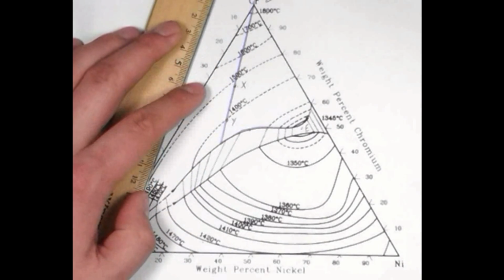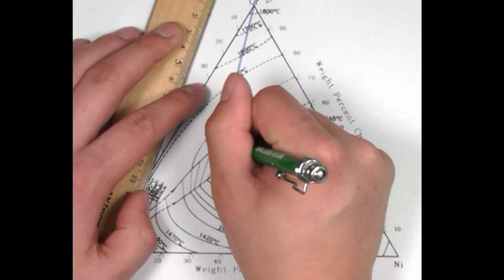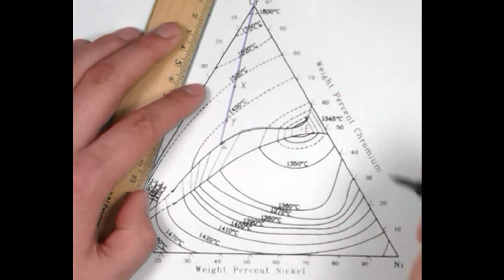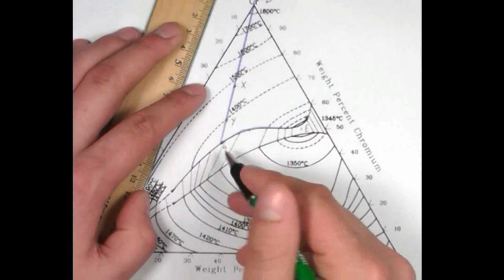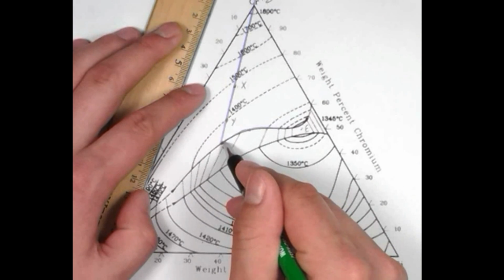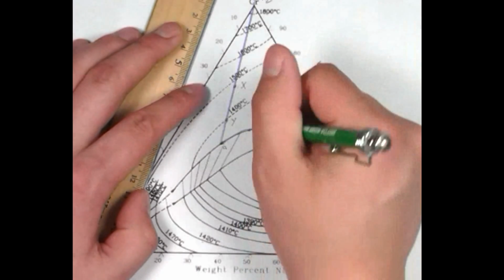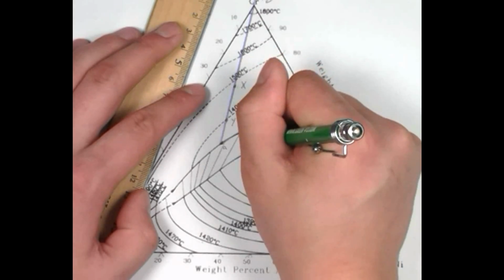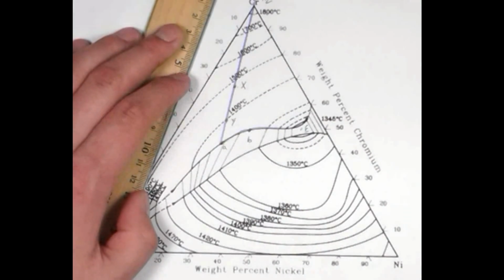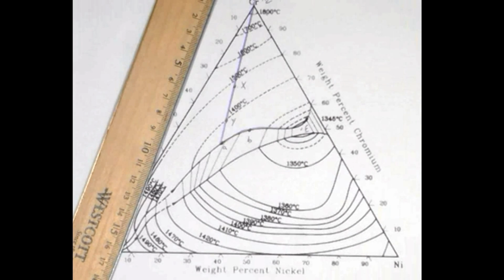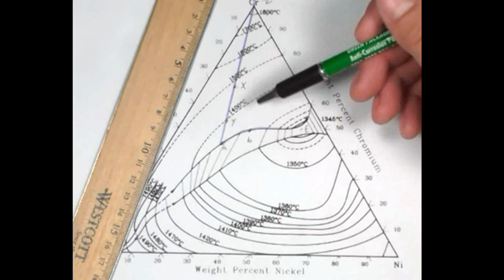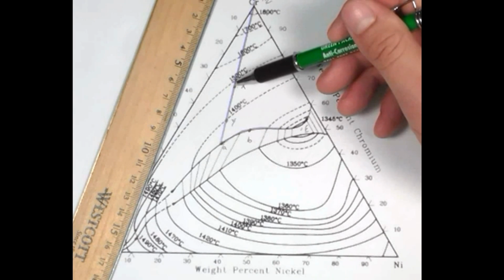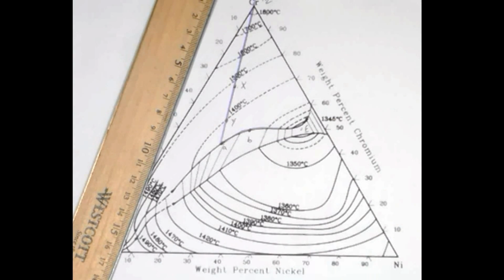Now as we continue to cool and reach the boundary curve, let's call this location A. As we cool from A along the boundary curve, we will reach point B. If we are interested in our percentage of solid and our percentage of liquid at point B, we must construct a line from point B through our original composition and intersect the opposite side of the triangle.